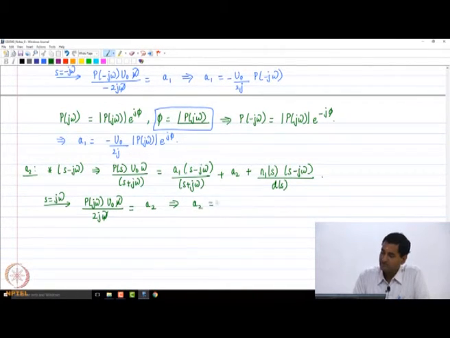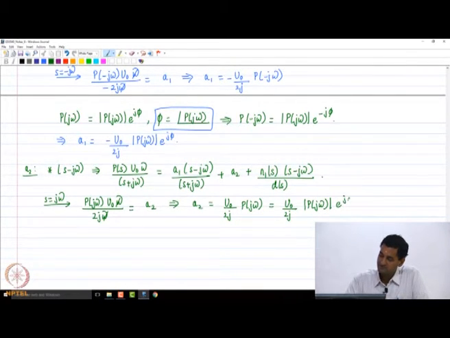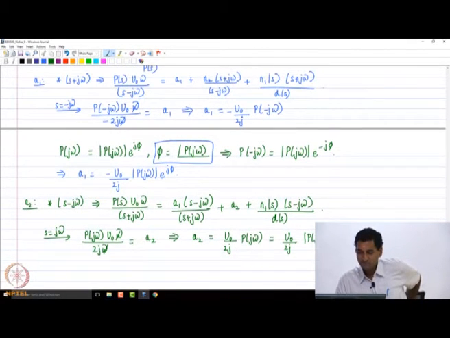So A2 is going to be u naught by 2j P of j omega, then I just represent P of j omega as the magnitude of P of j omega e power j phi. So we are almost done, just a few more steps.